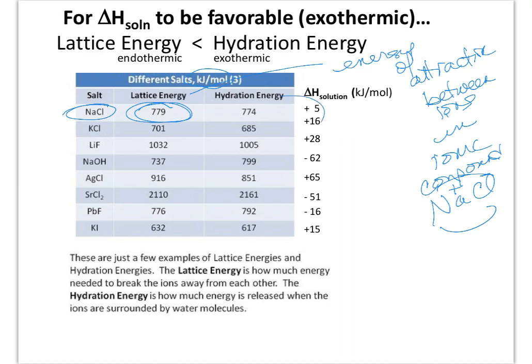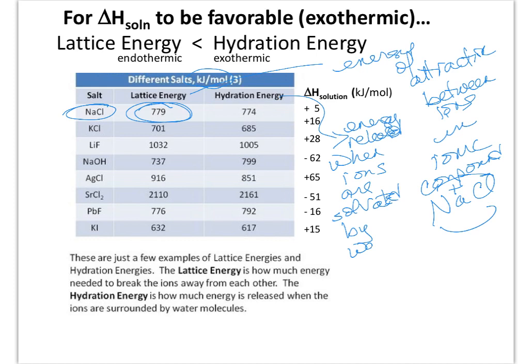Hydration energy refers to the energy released when ions are solvated by water. Basically, hydration energy is the new intermolecular forces that are formed between ions and water. The hydration energy is 774.